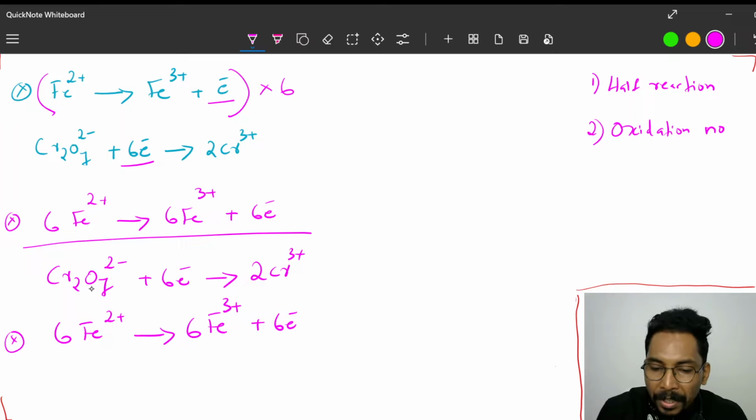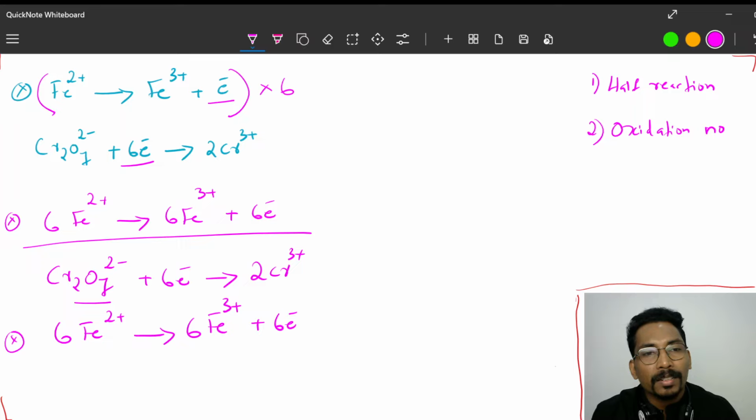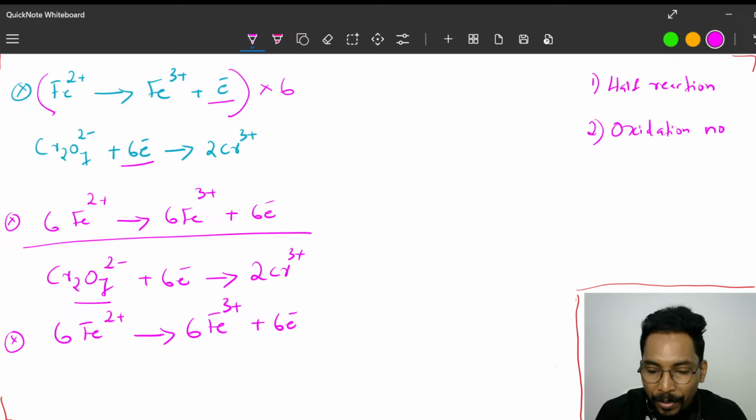Here you can see 7 oxygen atoms on the left side, but the right side has no oxygen. So what you can do is add 7 H2O on the right side. So how will the equation be?